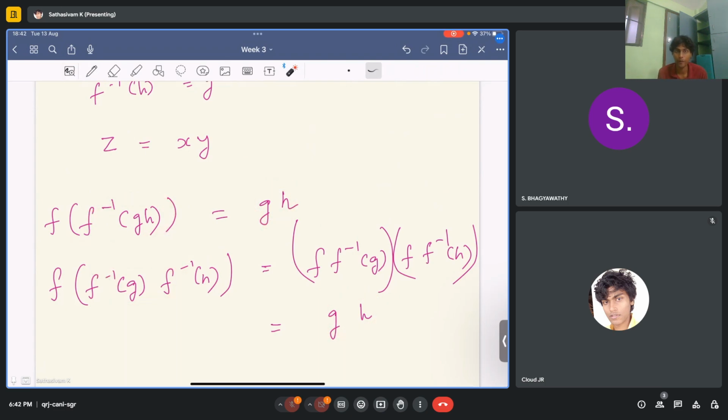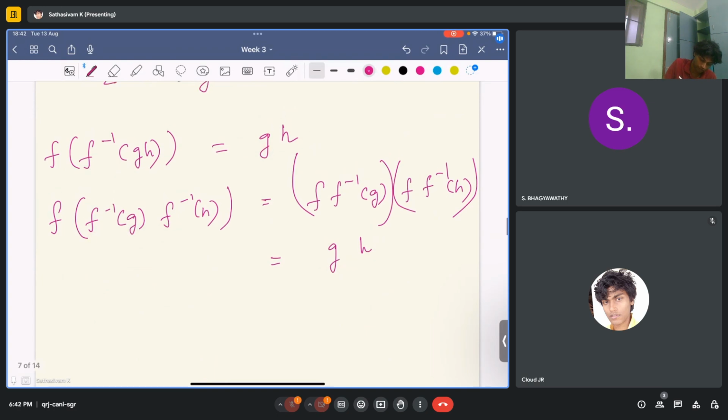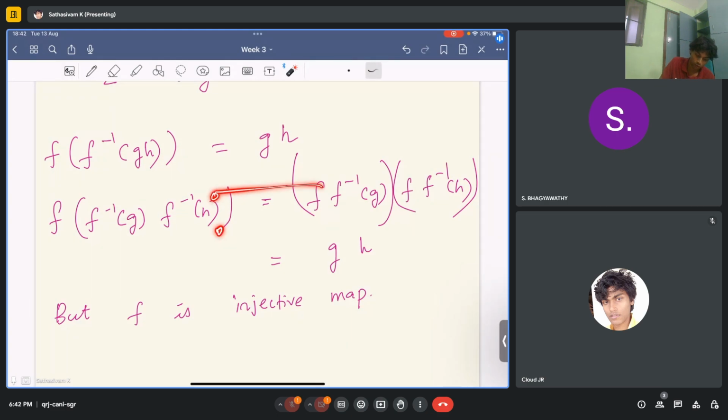But what we know is F is an injective map, right? F injective means that if you take two different elements, they have to go to different images.